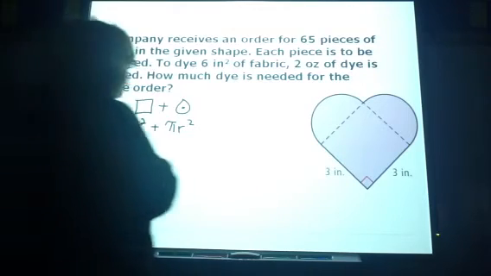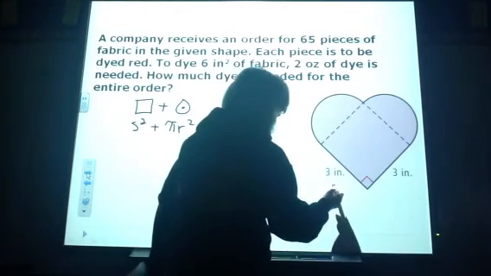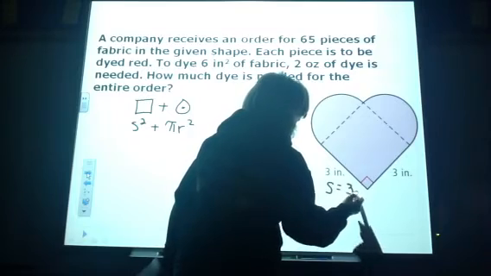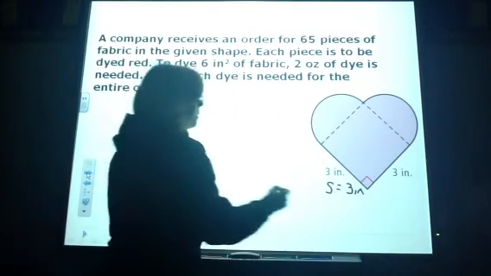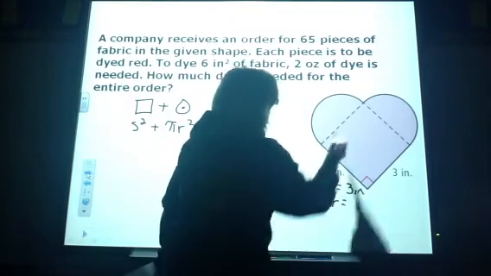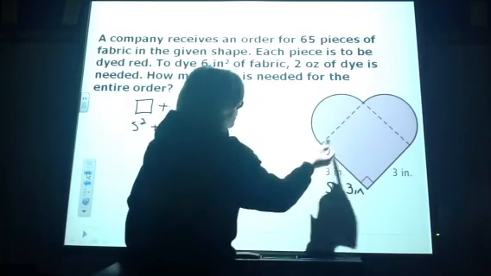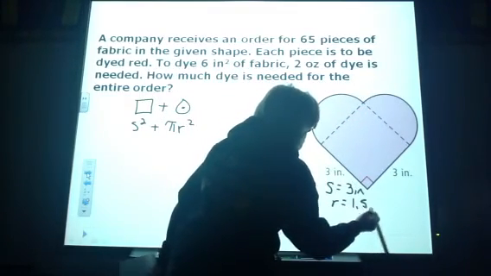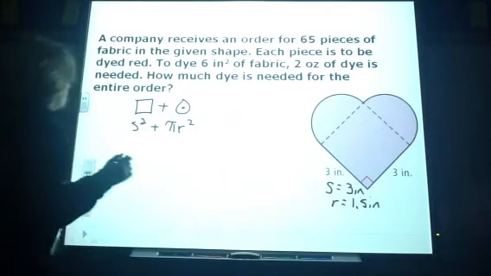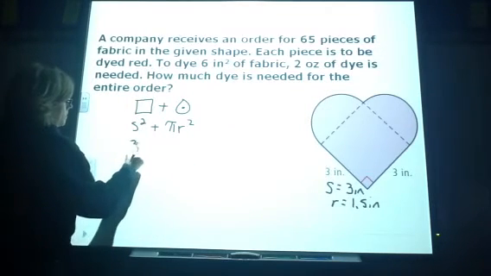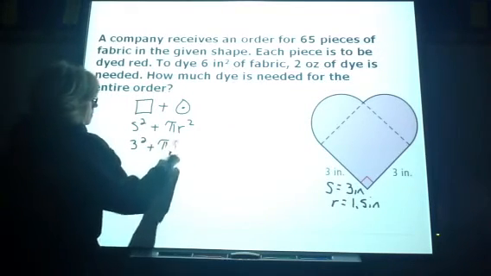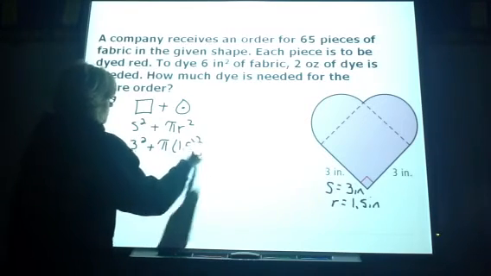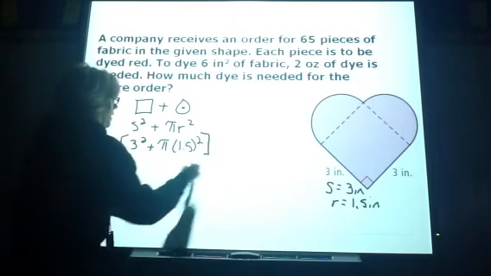Okay, so let's see what we have here. The side is going to be 3 inches, and I need the radius. Well, this is the diameter, so half of it, the radius, is going to be 1.5 inches. So let's substitute in.